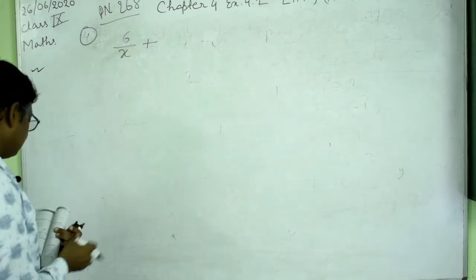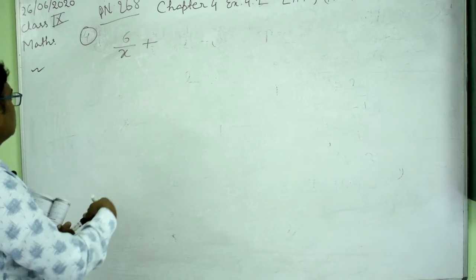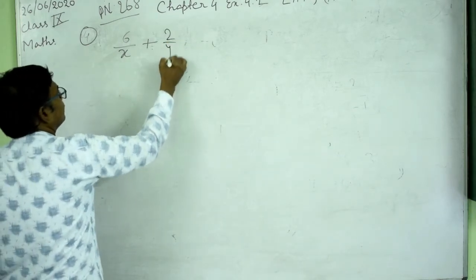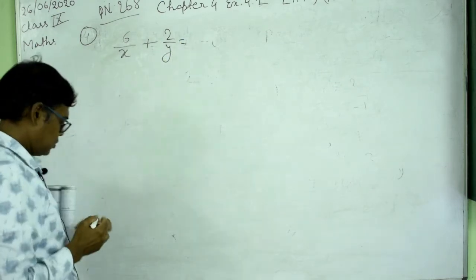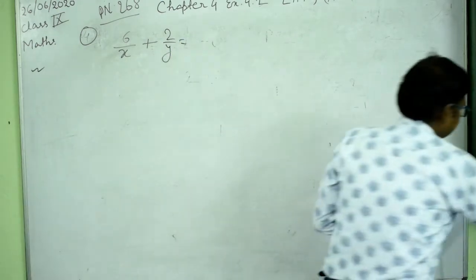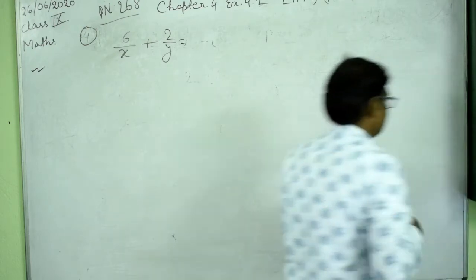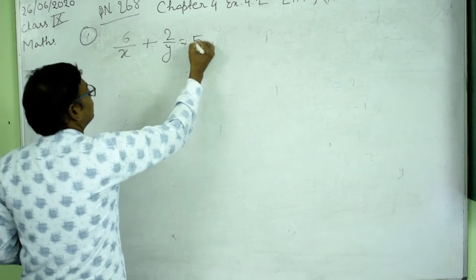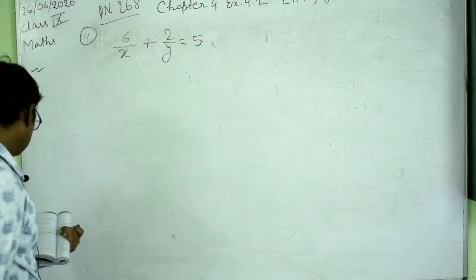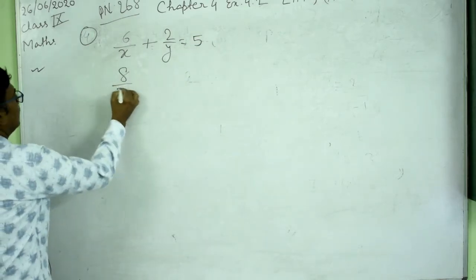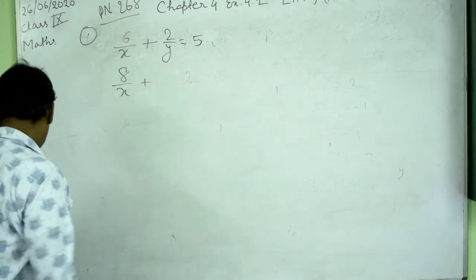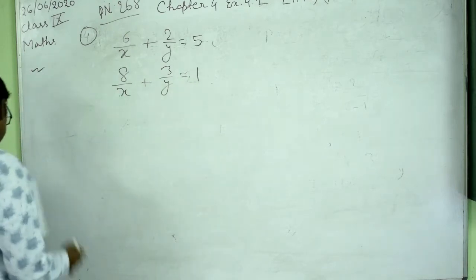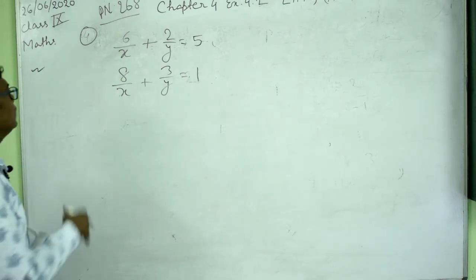And the other equation is 8 by x plus 3 by y equal to 1. Okay, so here again these two are there.